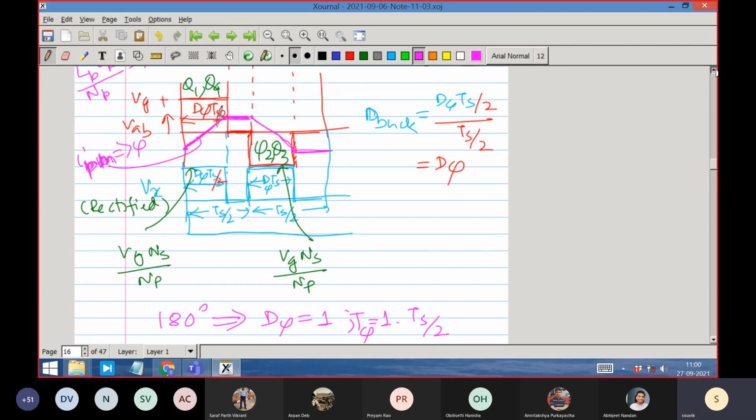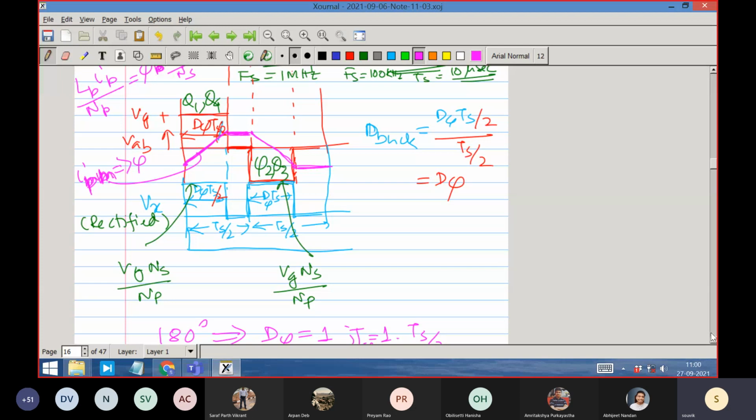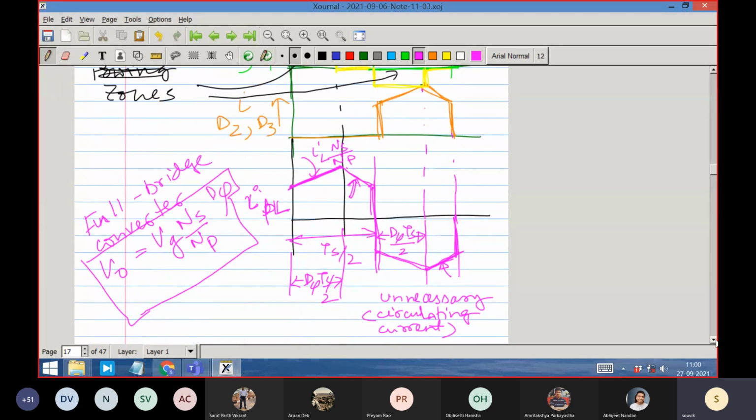It is just my choice, because that is how the output voltage equation sees it, in terms of d phi. I do not want to change that, otherwise I would have to use d phi by 2 and all that. So I am putting it that way, so that d phi can go from 0 to 1. When d phi is equal to 1, the phase shift between primary pulses is 180 degree.